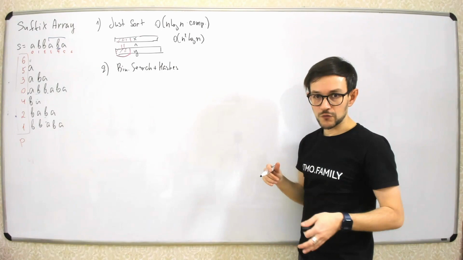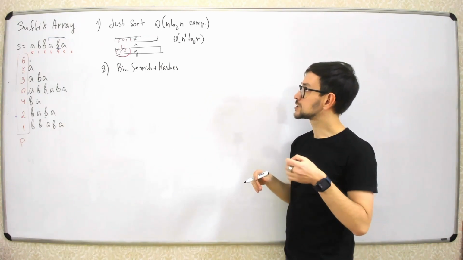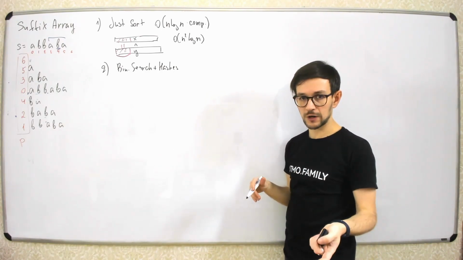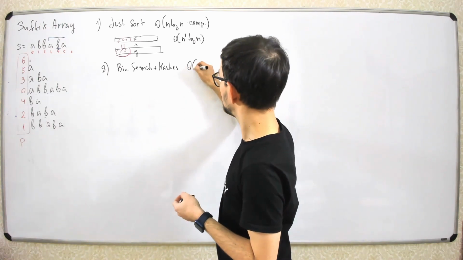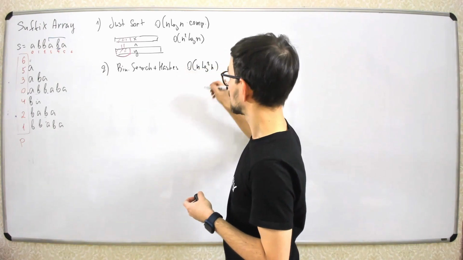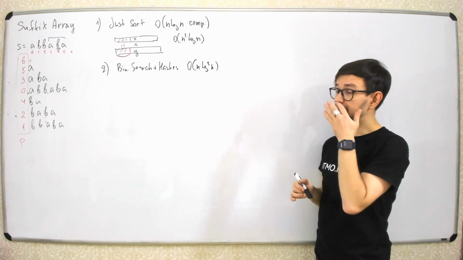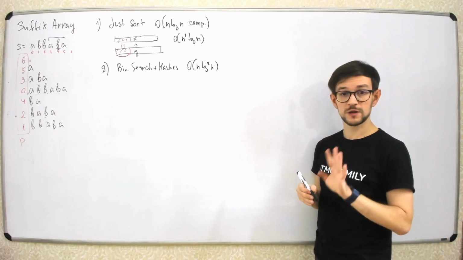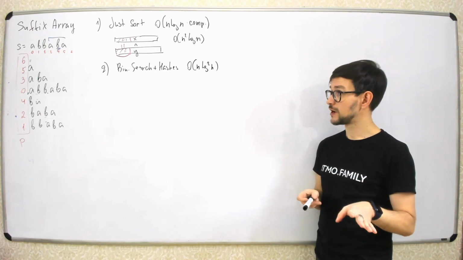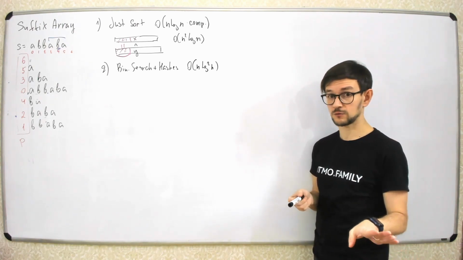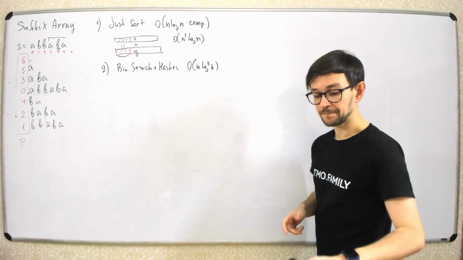So each comparator will work in log n time, and the total complexity will be n log square n. This is also a legit algorithm. You can implement it like this.